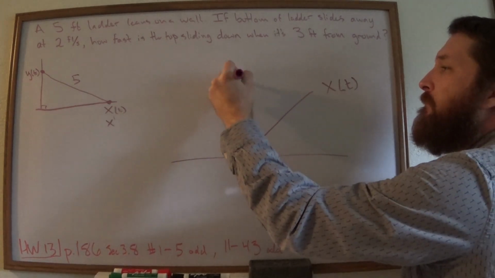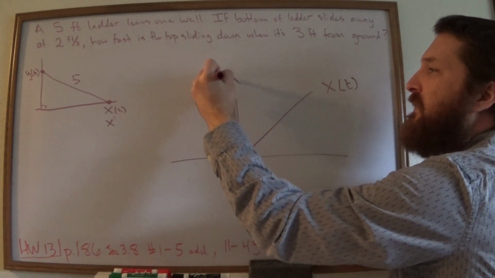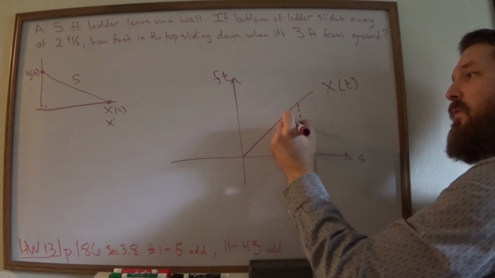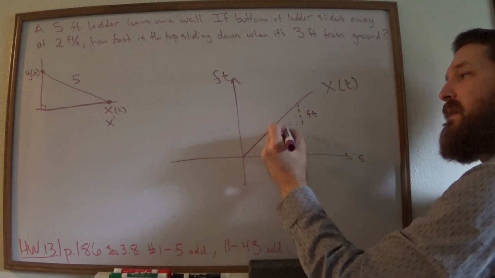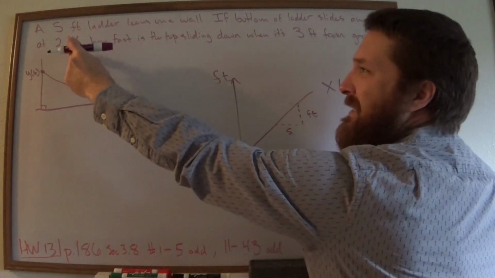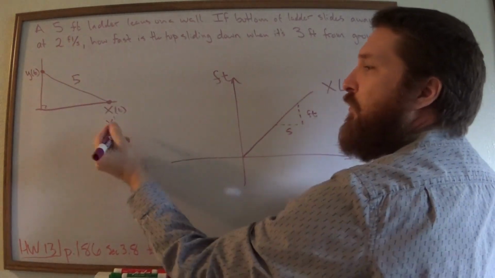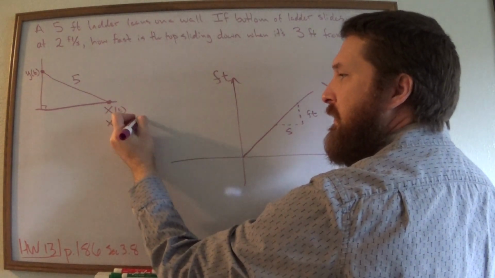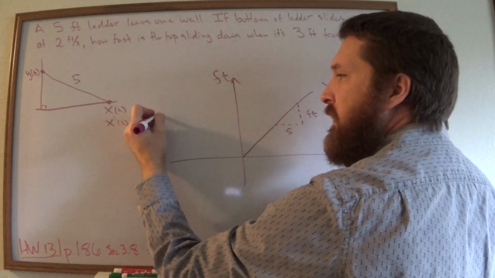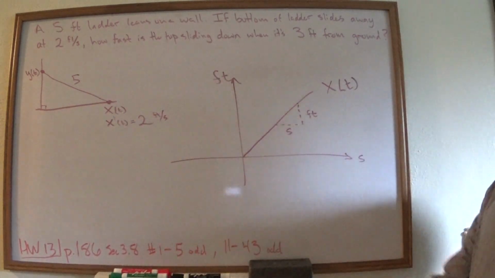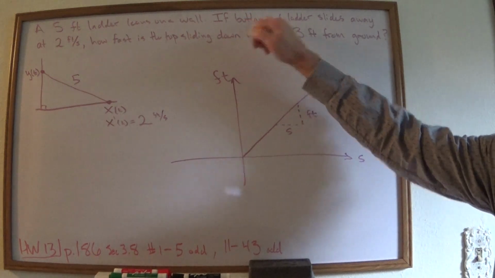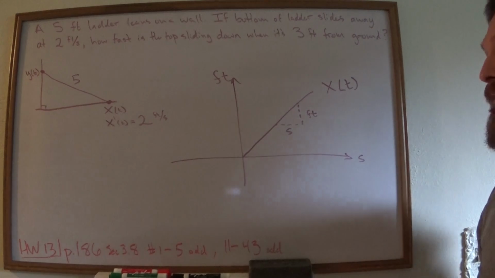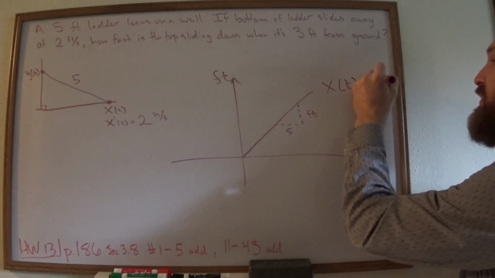If the output of X is in feet and time is in seconds, then its rise over run would be in units of feet per second. That's what that's telling you: the derivative at the time we care about is 2 feet per second. In fact, it's a constant 2 feet per second because it says it slides away at 2 feet per second. So you could then infer that X of t must be 2t.